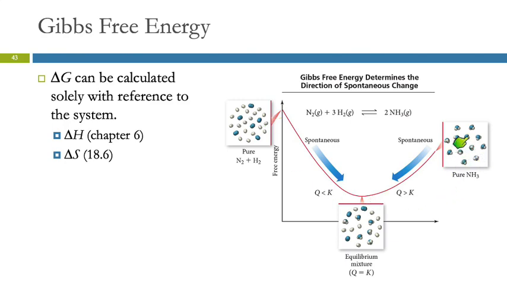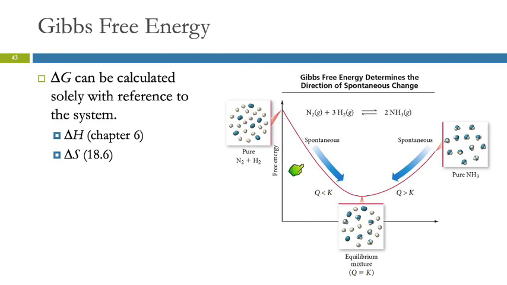And at pure NH3, the Gibbs free energy will also have a particular value. The reaction will come to equilibrium, and where it comes to equilibrium, Q for the reaction will equal K.